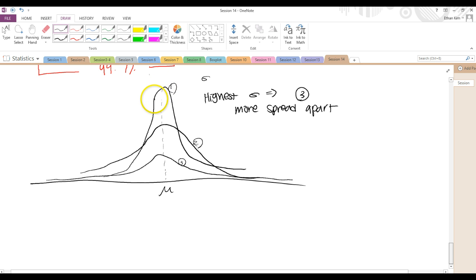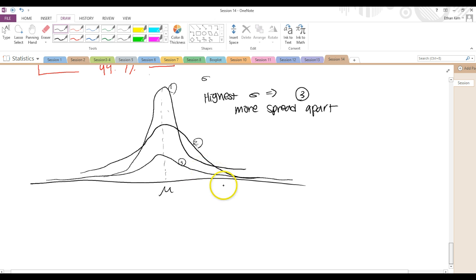If you're looking at graph number 1, this one peaks at the mu, which means that this portion has the highest share of data around the mean out of all the other graphs. And that's exactly what we're measuring through standard deviation. How far away are you from the mean?